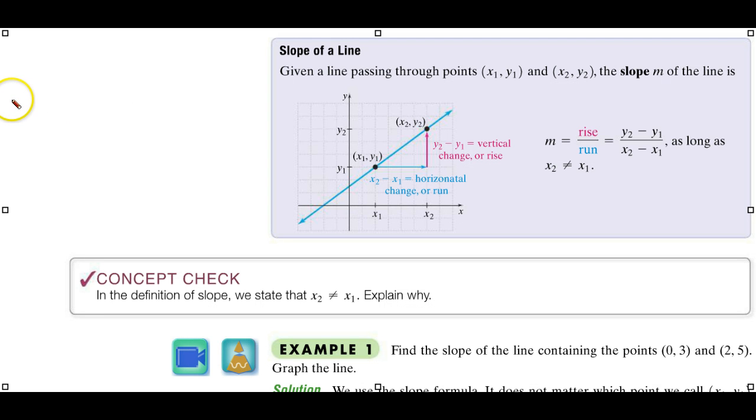Now this brings us then to our formula, which we're calling formula 3, which is the slope formula.